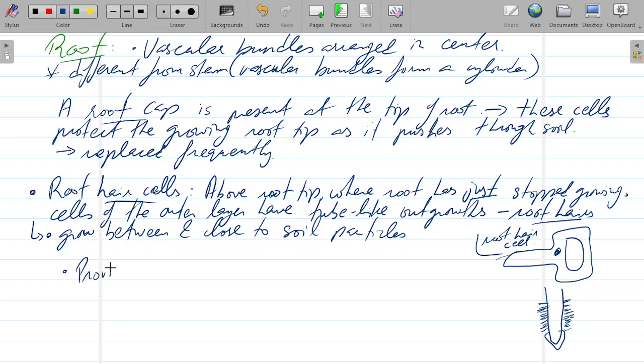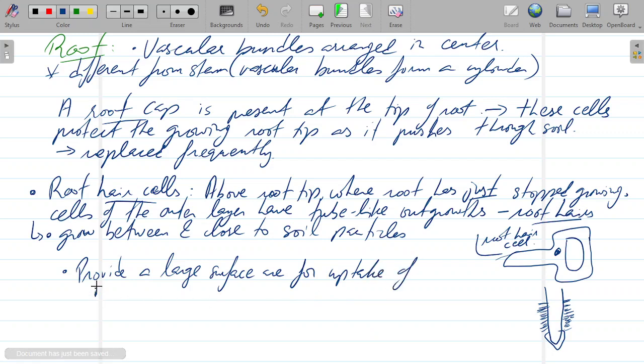This is important, what I'm about to mention. They provide a large surface area for uptake of, what are two things they take up? They take up water, and how do they do that? Via osmosis, obviously.